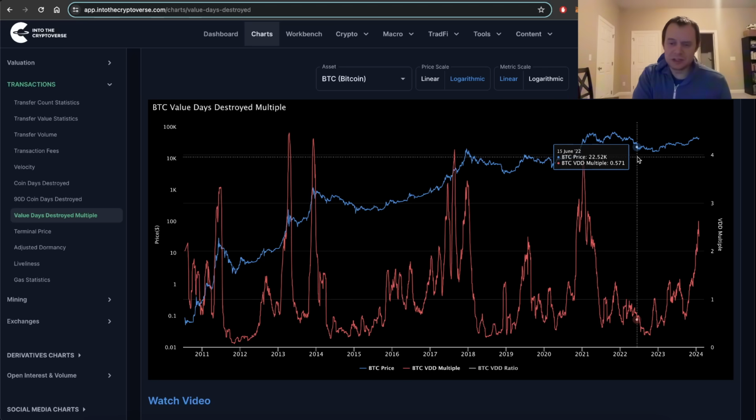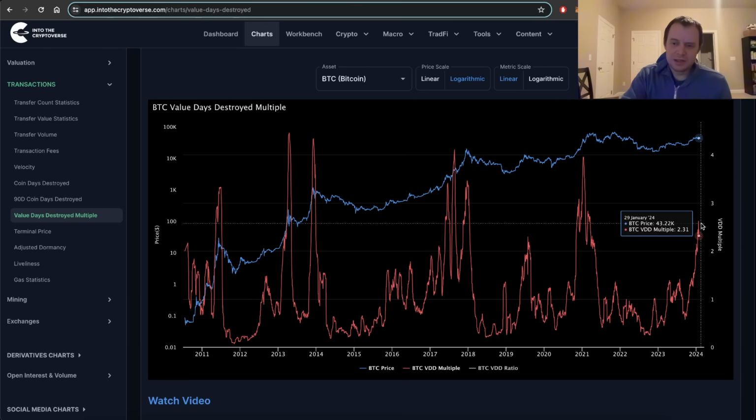But it certainly is interesting how this metric is much further along now than it has been in prior halving years at this time.